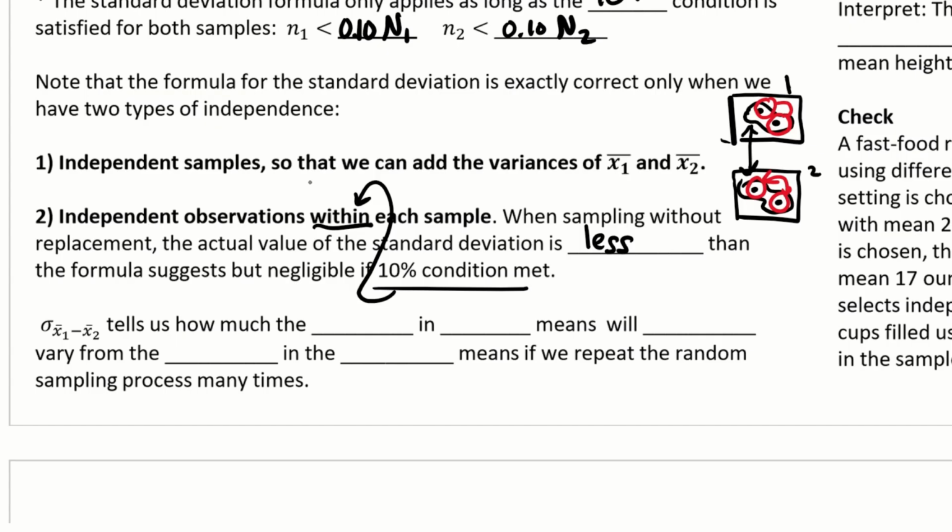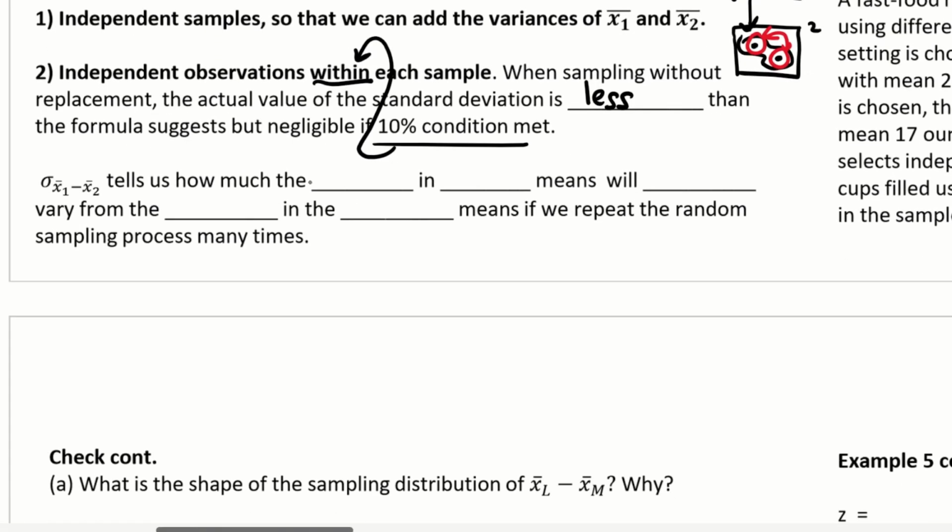But let's look at what the sigma x bar 1 minus x bar 2 tells us. What's the interpretation? And remember, it's going to tell us the typical distance from this to the mu 1 minus mu 2. Okay, like what is that typical distance?